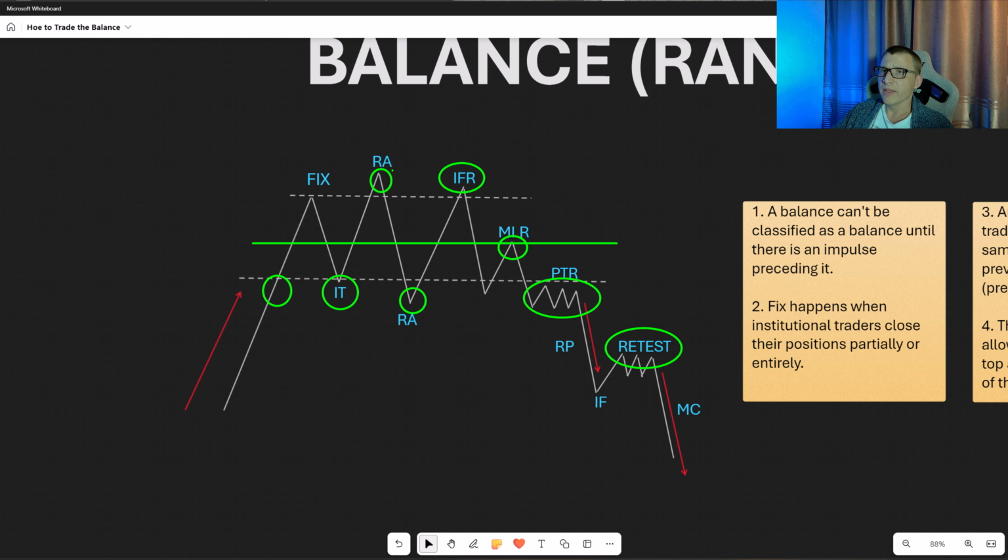Responsive activities are also tradable, but this is an aggressive trade, because we join institutional traders very, very closely. But when you understand the market structure, when you understand the balance structure, these trades, even though they are aggressive, would be doable for you. Right. Next, the third segment.